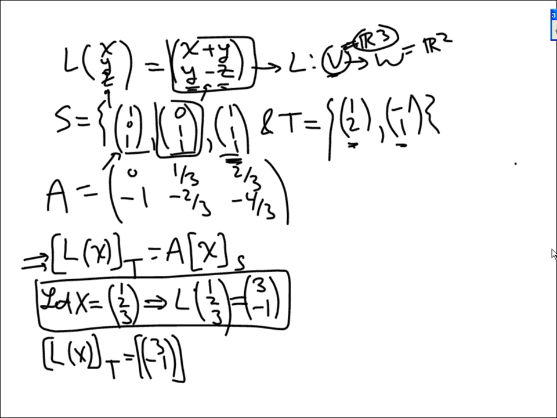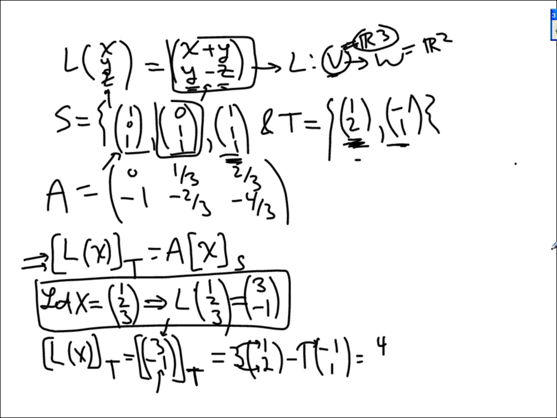But we want the coordinates of that with respect to T. Now remember, this is the basis for T. So this is equal to 3 times the first vector in T, plus negative 1, or just minus 1, times the second vector in T. And 3 times 1 is 3, plus another 1 is 4. 3 times 2 is 6, minus 1 is 5.